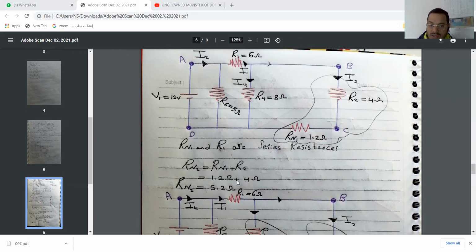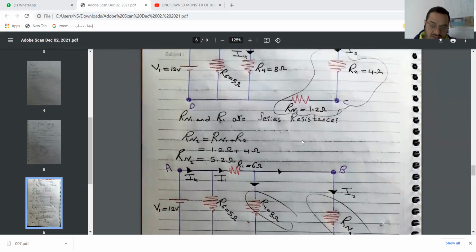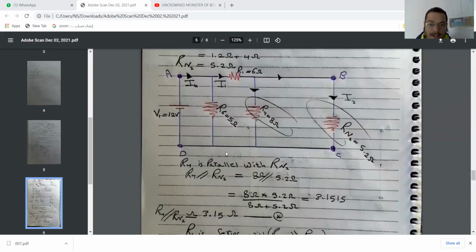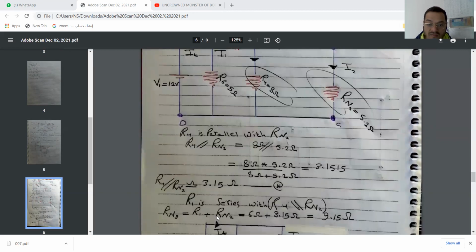I put this sign here between these different resistances, because these resistances are series resistances. Rn2 here. Now we have 4 resistances instead of 6. R4 and Rn2 are parallel, so the value will be 3.15 ohm.